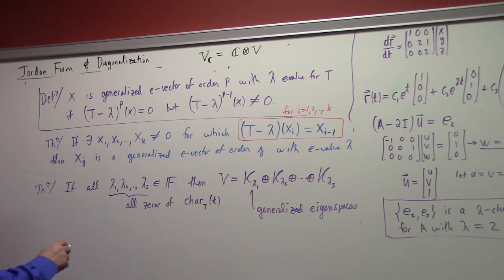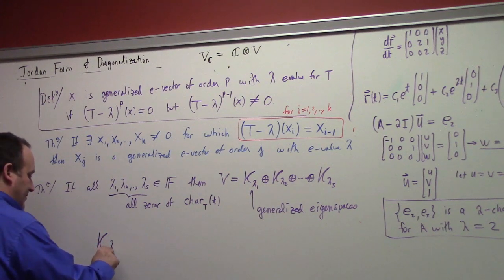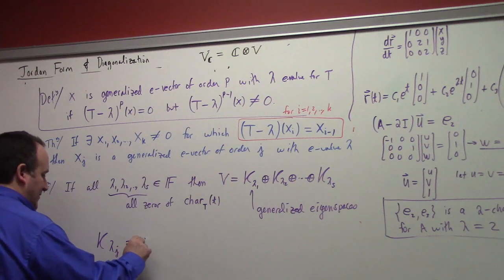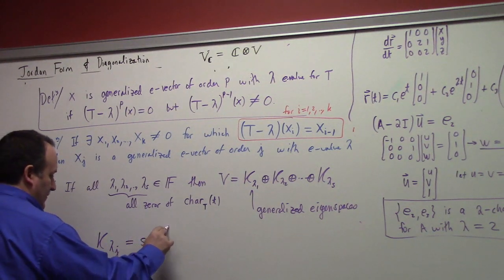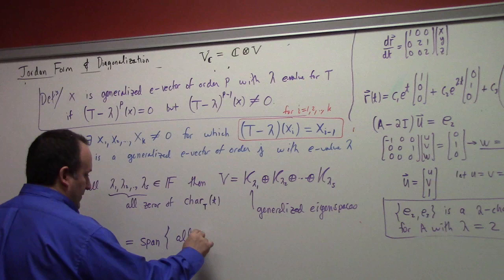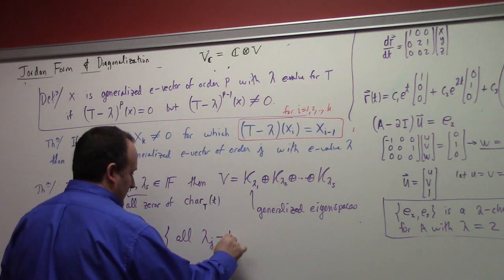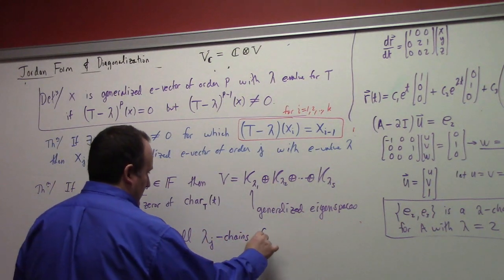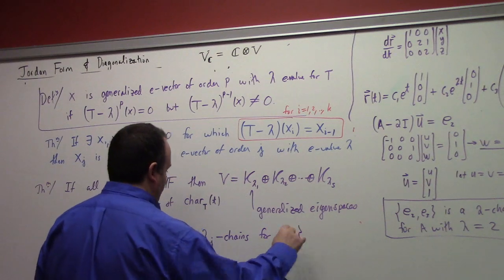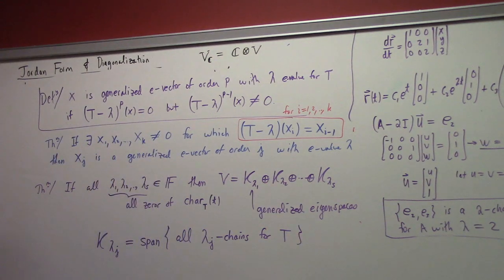And in particular, K lambda j is going to be the span of all lambda j chains for T. So basically, you find all of the generalized eigenvector chains, and you string them together.